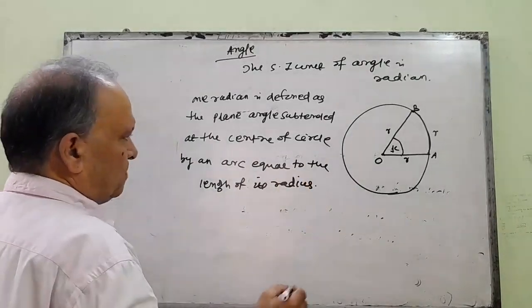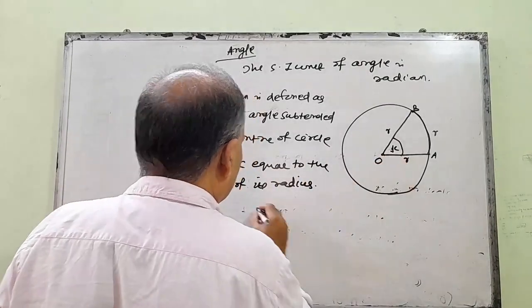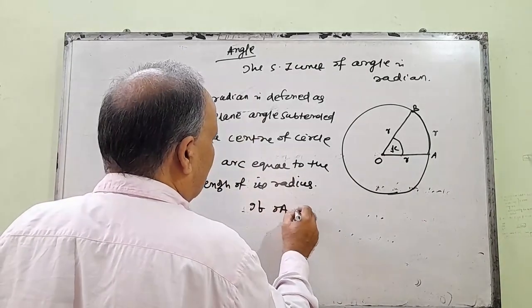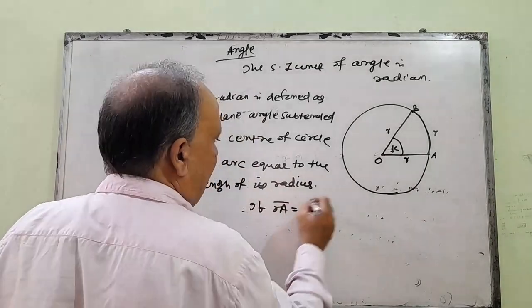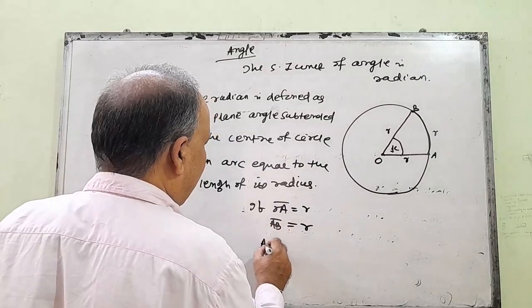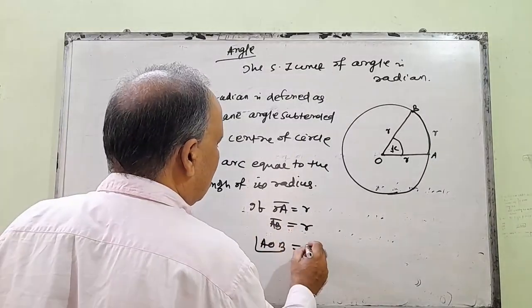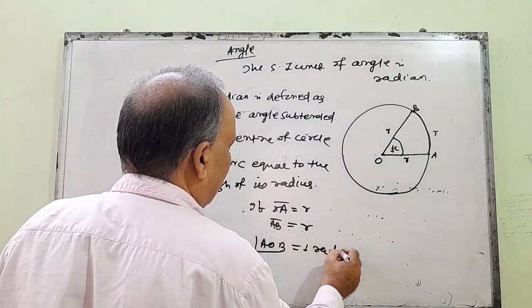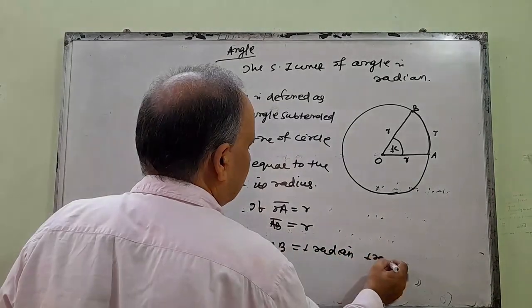That means if OA is equal to R and the arc AB is equal to R, then the angle AOB is equal to 1 radian, or we can say 1 rad.